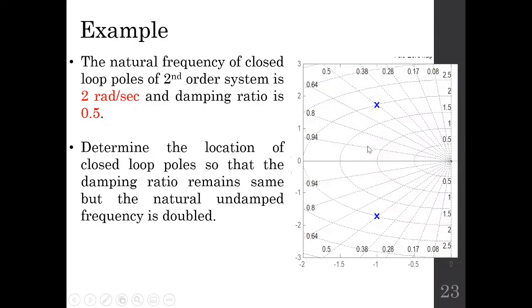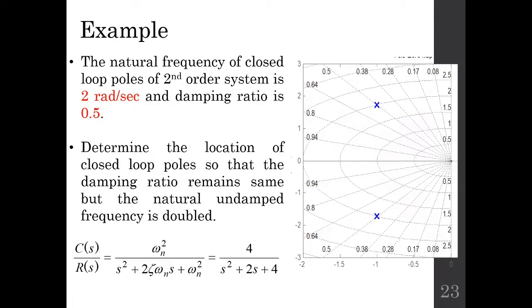So I think if a question is given to you on this graph, you can easily find the value of omega n and zeta here. And simply by putting the values of zeta and omega n in the generic form of a second order system, you can find the transfer function for this system.